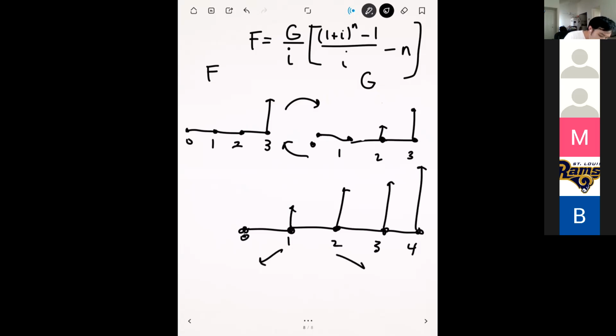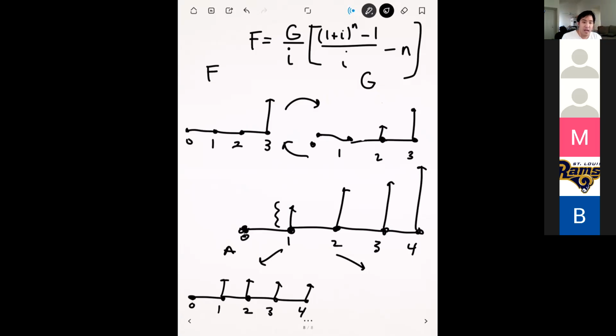Okay. And so if you have a situation where you have something that starts in year 1 and then it increases starting in year 2, right? One way that you can represent this with both a uniform series and an arithmetic gradient would be something like this. You can take the amount that you're paying in year 1 and make a uniform series for that.